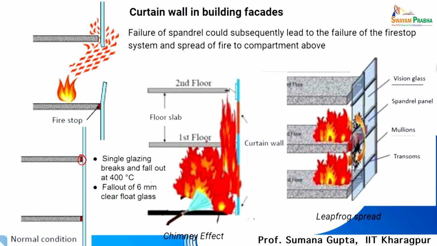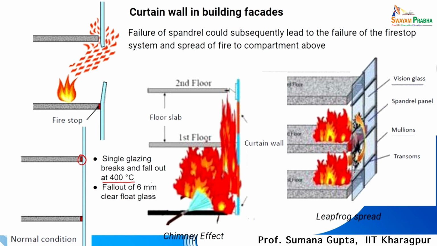You see here single glazing breaks at a fallout of 400 degree centigrade; 6 millimeter float glass breaks and allows the fire to move up. So, glass has broken, fire has gone up, sealant has broken, fire can go up. Fire can go up from broken glass from one level, hit the wall glass and go up.